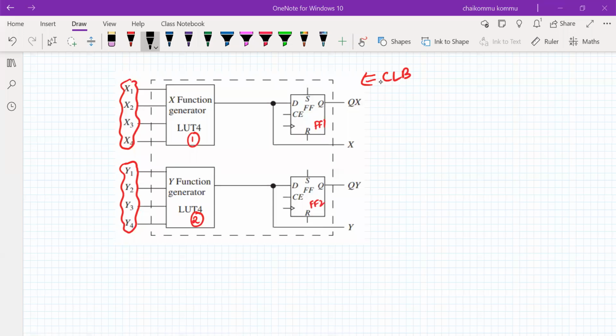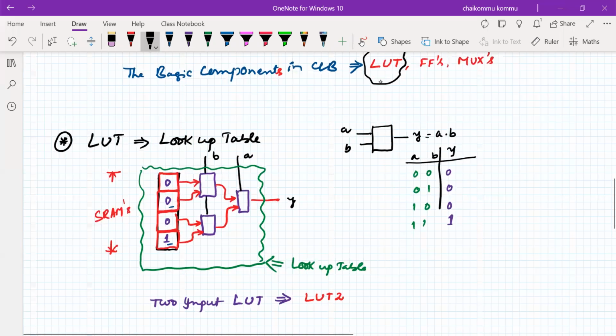For the 2-input variable, what is the size of the RAM? SRAM, we have seen so far. How many values are there for the 2-input variable? 4 we have. That means what is the size of this one? 4-bit RAM, right?